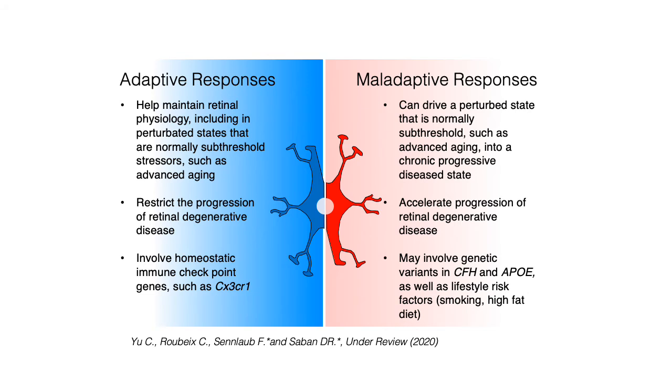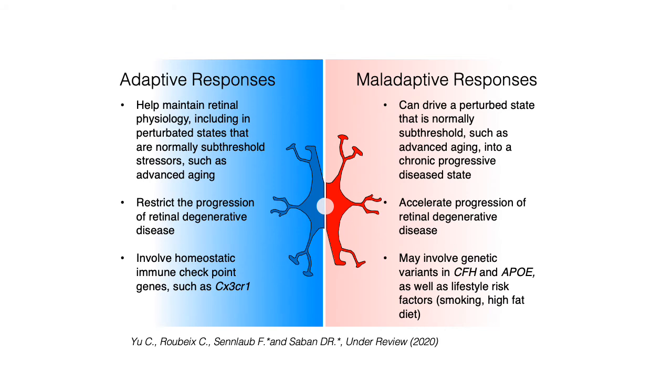So with this, one could propose a hypothesis in which adaptive responses actually maintain retinal physiology. And this is such even in perturbed states that are normally subthreshold, including advanced aging. And in the context of an inherited retinal degenerative disease, perhaps these adaptive responses play some role in restricting disease progression, although eventually overwhelmed by increased death of photoreceptors.